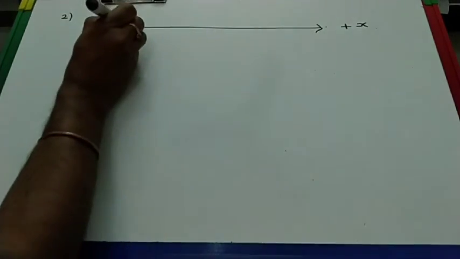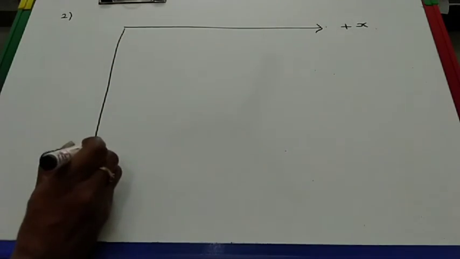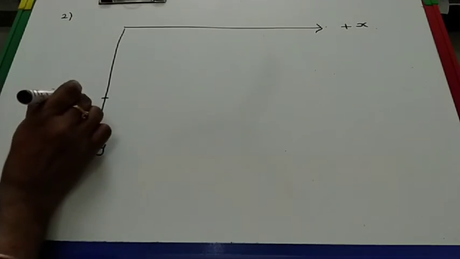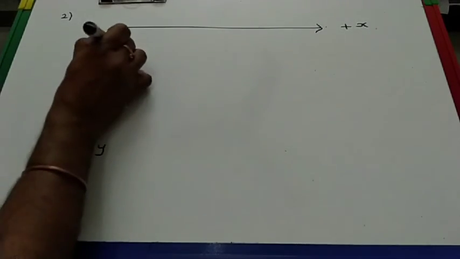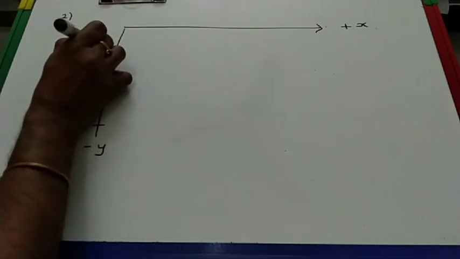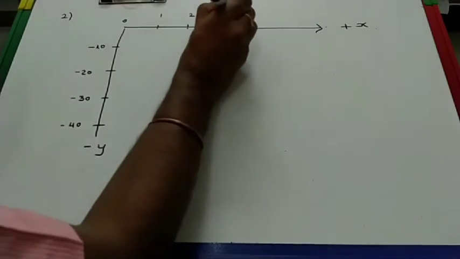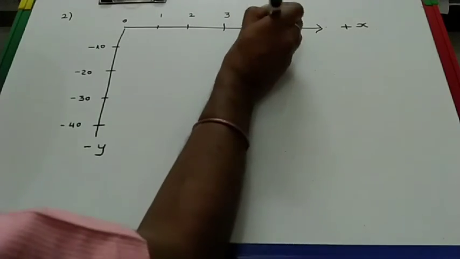Now graph number 2. I took a positive x-axis and I took minus y-axis. Here is -40, -30, -20, -10, 0, 1, 2, 3, 4, 5.